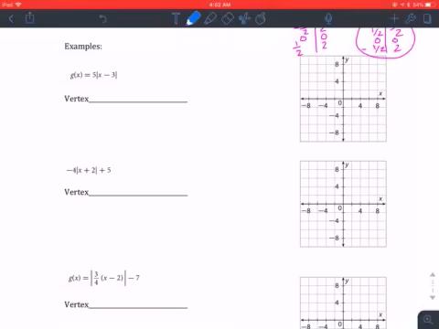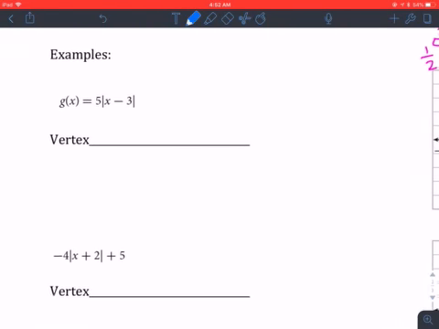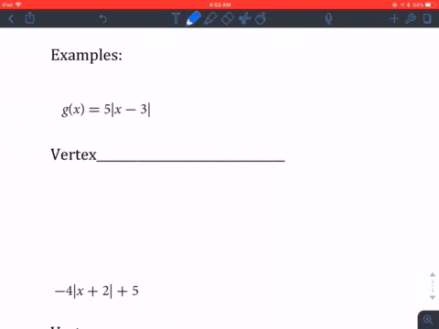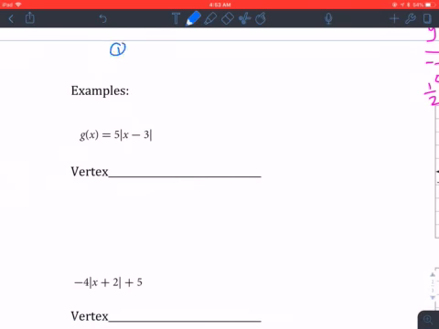For these examples, we're going to go ahead and write out first what the transformation would be from the parent function. So remember, order is really important with transformations. You're always first going to do your horizontal translations. So that's your left and right.